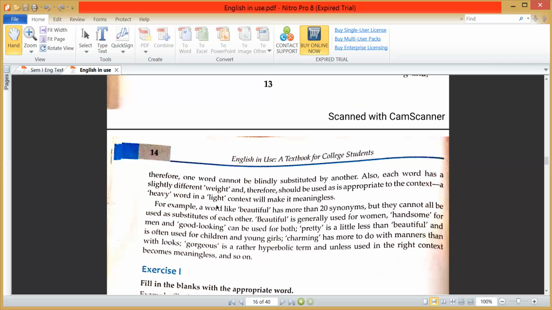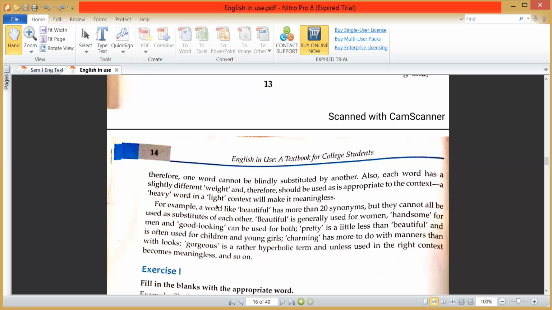Whereas when we say charming, it is more to do with manners than the looks. Okay, the way a person behaves and the way a person carries themselves, the way a person is disciplined or groomed, that is going to be charming.